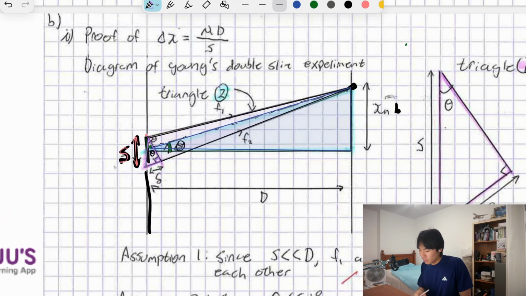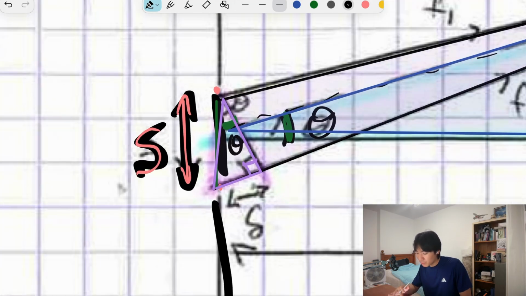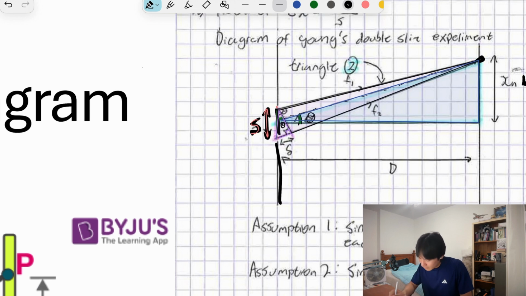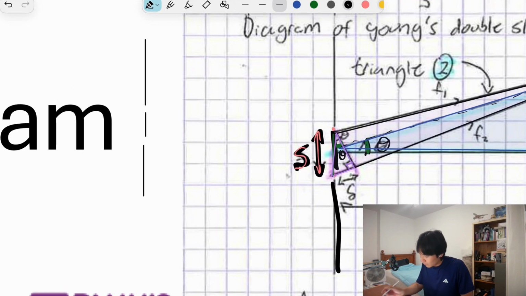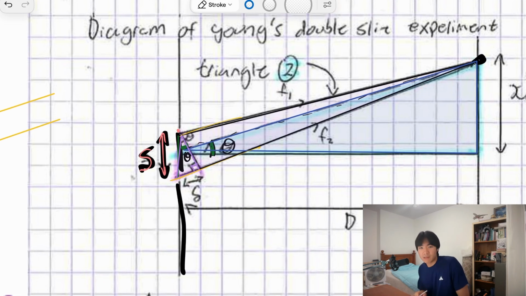And I told you that we are not drawing this diagram to scale, right? If you really, really zoomed in on the slit, what we're going to see is that the light beams, these ones, are actually going to look almost parallel, right? In this diagram, it doesn't look parallel because it's not to scale.